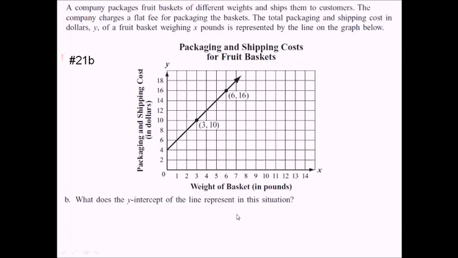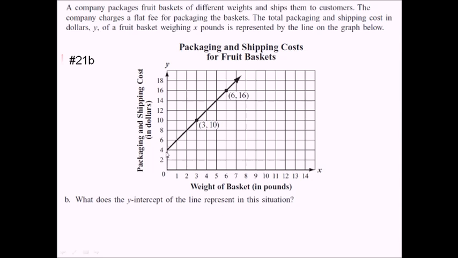For part B, they want to know, what does the y-intercept of the line represent in this situation? So the x values here, the x-axis, this is the weight of your basket. So at 0 pounds, then, the price of packaging and shipping is $4. But it'd be kind of silly to say that it costs $4 to ship a 0-pound fruit basket.